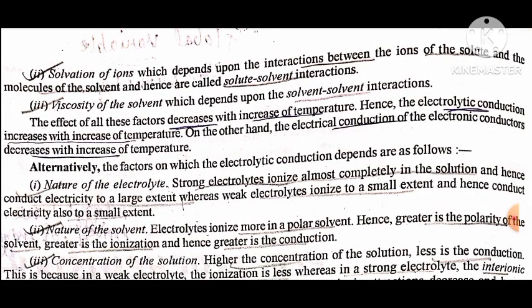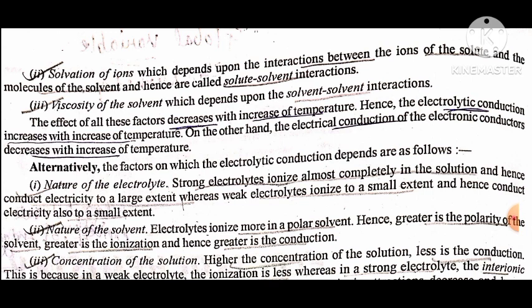Second factor is the solvation of ions, which depend upon the interactions between the ions of solute and the molecules of the solvent and hence are called solute-solvent interactions. Third factor is viscosity of the solvent, which depends upon the solvent-solvent interactions. The effect of all these factors decreases with increase of temperature, hence the electrolytic conduction increases with increase of temperature.